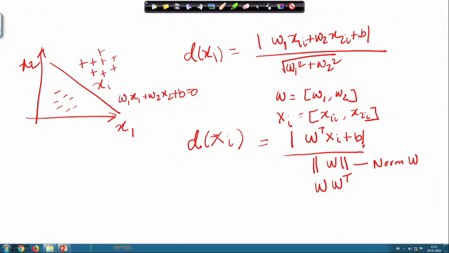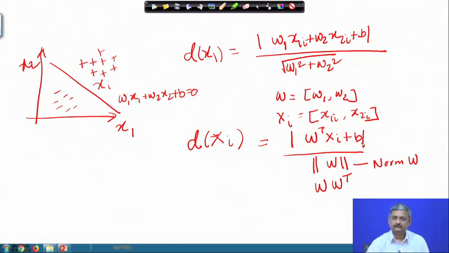I missed the b here. Okay. So, anyway, to sum up, this is my distance from a point to a line.